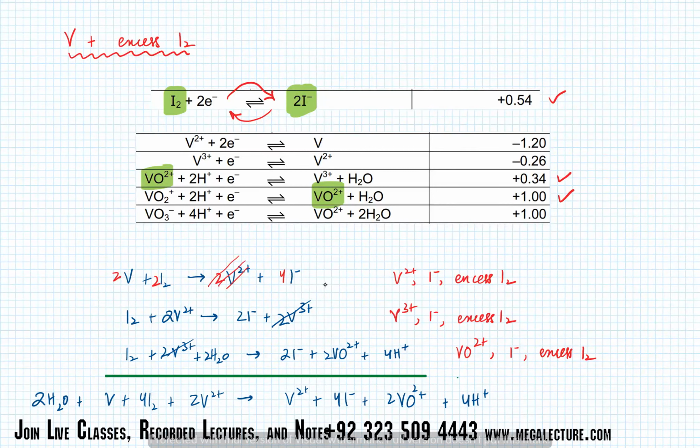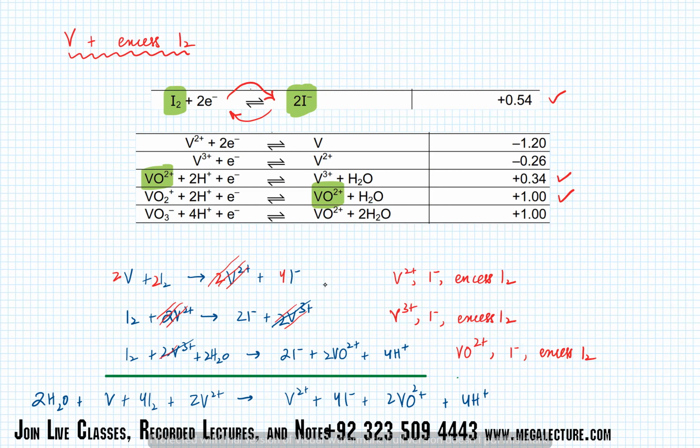If you have an equation, you multiply the whole equation by a certain number, nothing happens to it. It's just balanced in a different way. So I just multiplied the entire first equation by 2. So when I add them up, there's 2V2 plus on the right, there's 2V2 plus on the left, so that gets cancelled out. The V3 plus signs, they also get cancelled out.